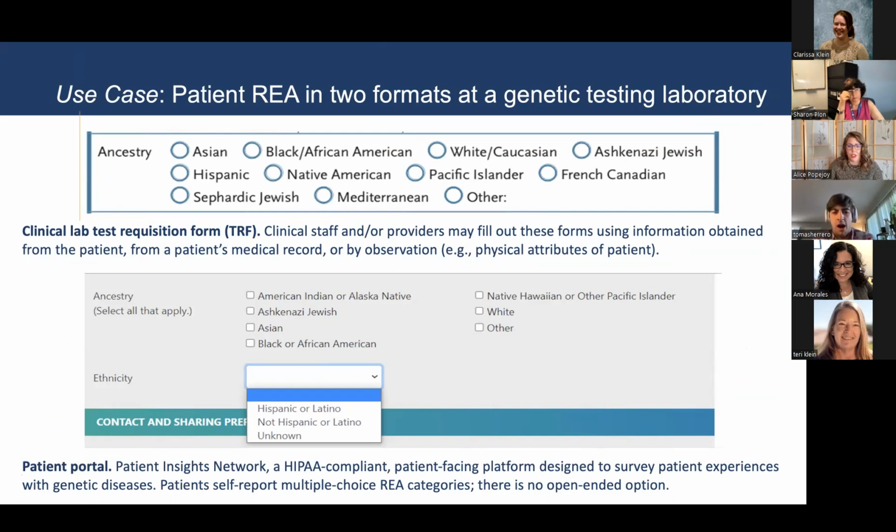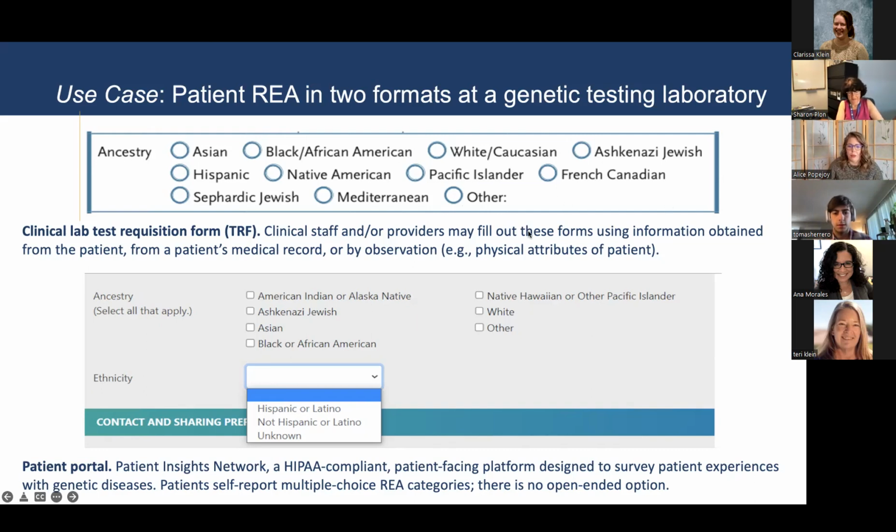And this information could come directly from the patient or from the patient's medical record, or sometimes just by looking at a patient without asking them directly, as we learned can happen. We're not sure. We don't have information about how the data on the test requisition form, or the TRF for short, was actually ascertained, but we have that in that format. And that's multiple choice, and then there's this other with a fill in the blank.